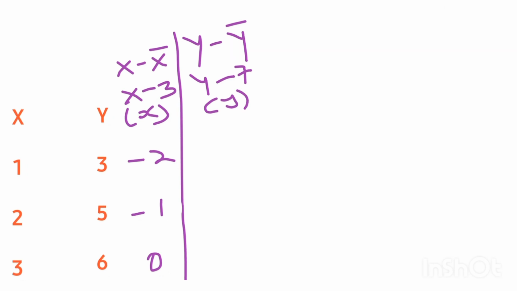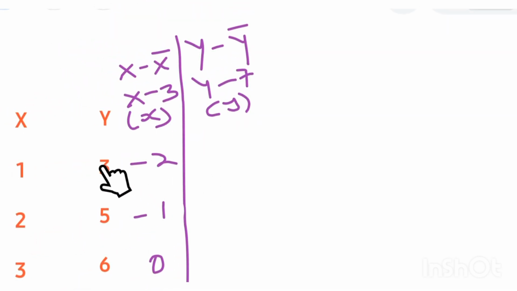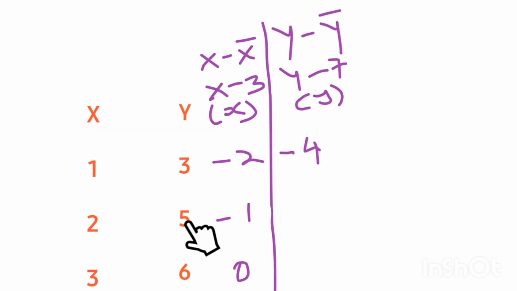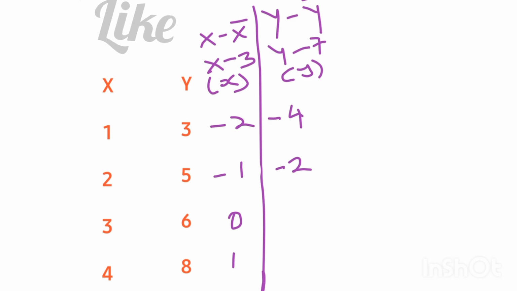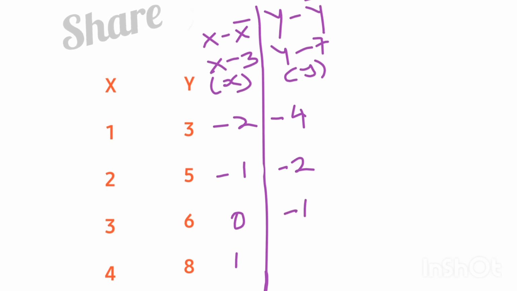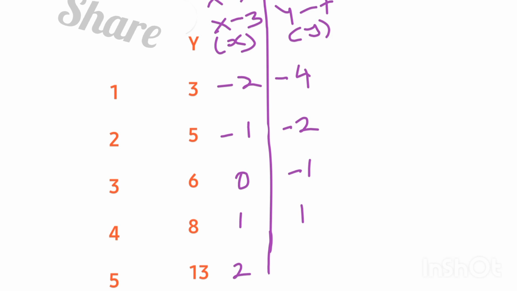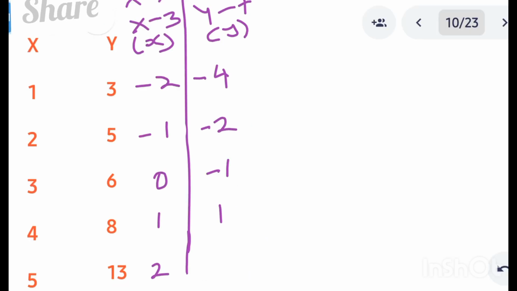For the first row, 3 minus 7, that gives us minus 4, followed by 5 minus 7, that gives minus 2, followed by 6 minus 7, we have minus 1 here. 8 minus 7, we have 1 here. And lastly, 13 minus 7, we have 6.